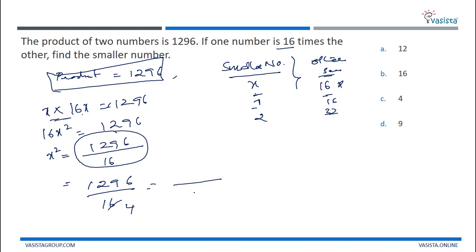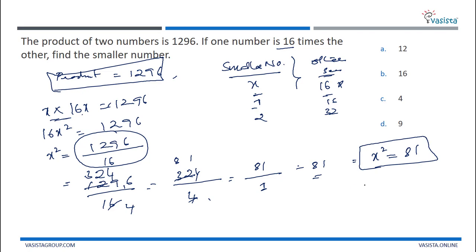This will become 324 by 4. Then again divide by 4. This will become 81. Now x square is equal to 81.